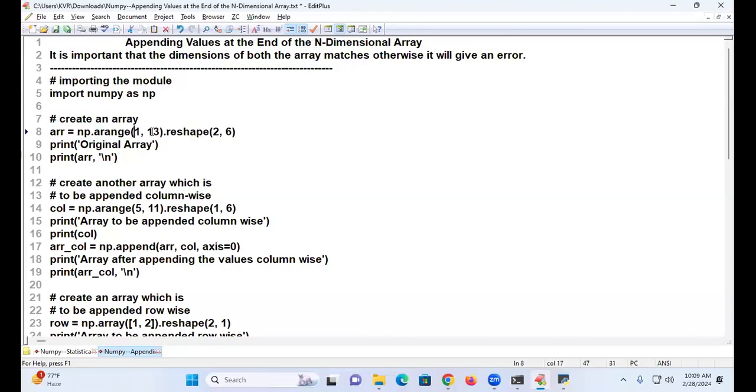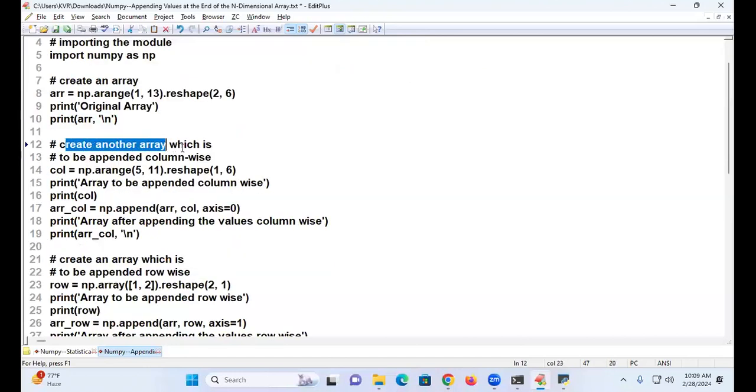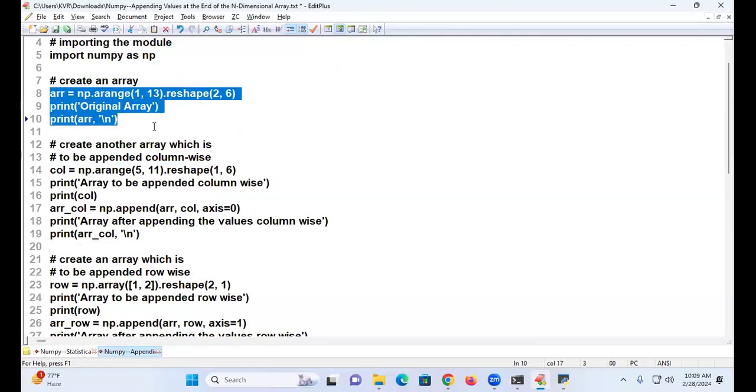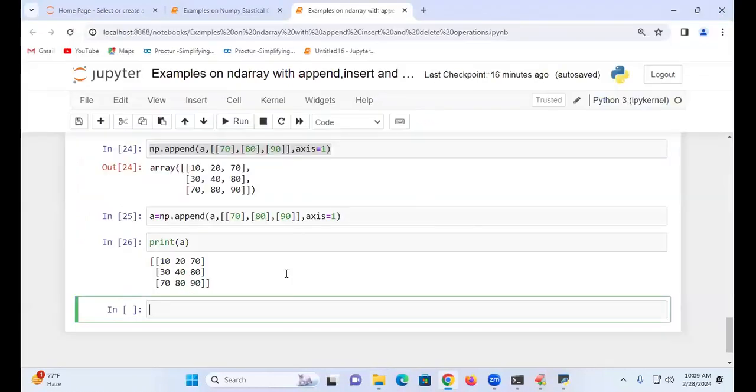What does this mean? 1 to 13 means what? 12. Reshape of what? 2 into 6. Original array printed. Create another array which is to be appended column wise. Column wise. Are you following? So if you want, I'll try to take up here in this case.